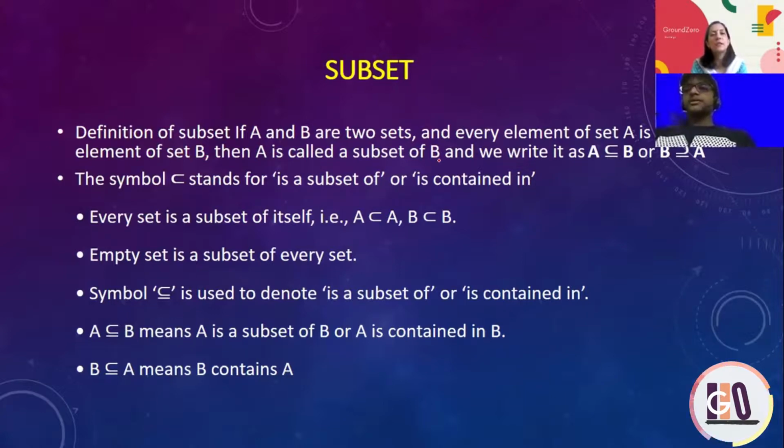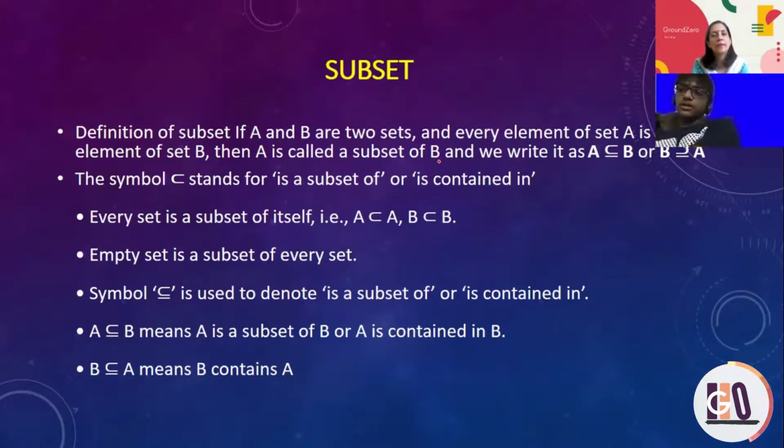Doesn't that make them equal all the time? If they are equal, then you can say A is a subset of B. It says every element of set A is also an element of set B. So if A has 1, 2, 3, 4, B will also have 1, 2, 3, 4.